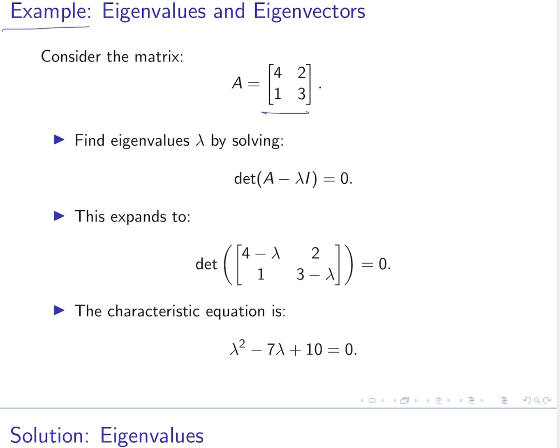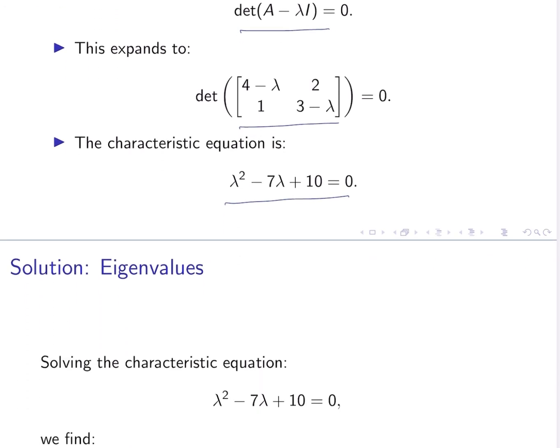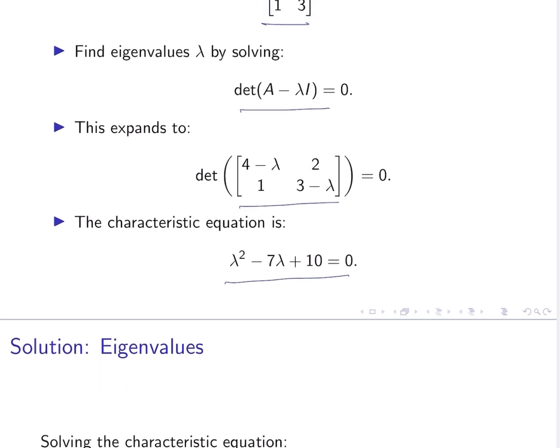Find eigenvalue lambda by solving determinant of A minus lambda I equal to 0. Expanding the determinant, you are going to get 4 minus lambda, 3 minus lambda, since lambda is being subtracted from the diagonal, and then you find the characteristic equation.